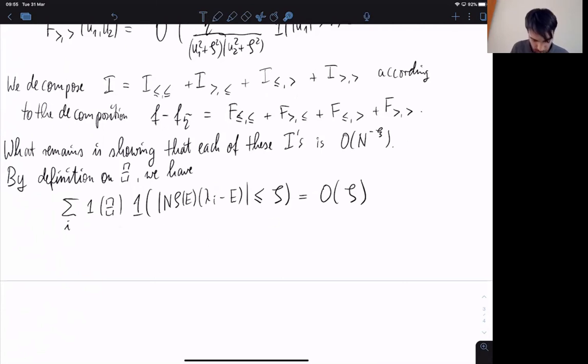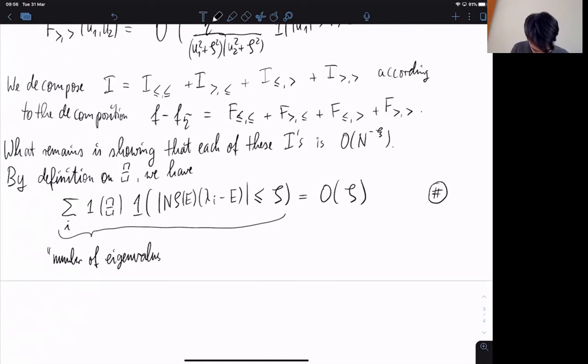This is somehow the number, and this I will actually call sharp, of eigenvalues lambda I such that this difference is smaller than zeta.